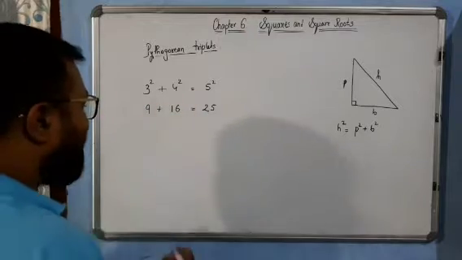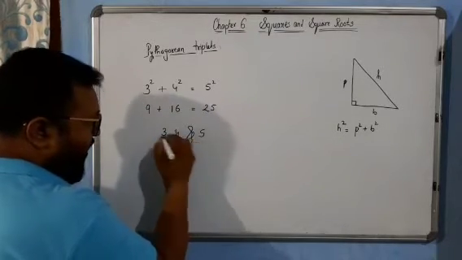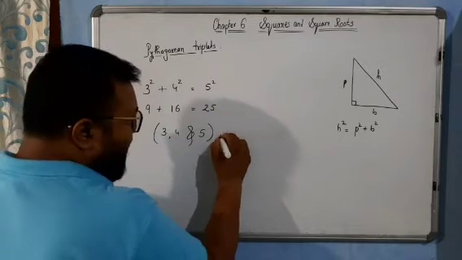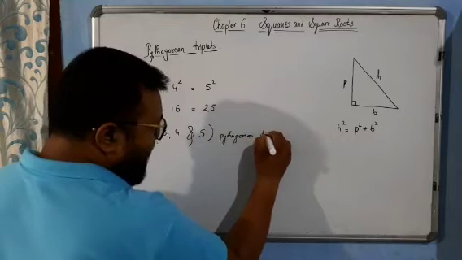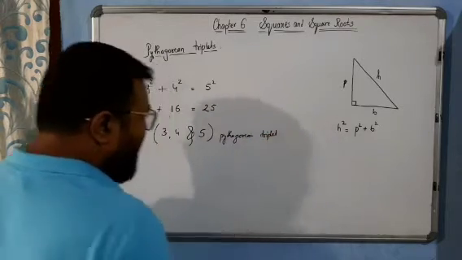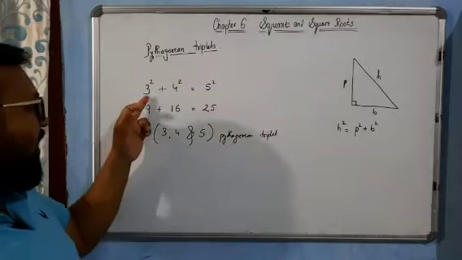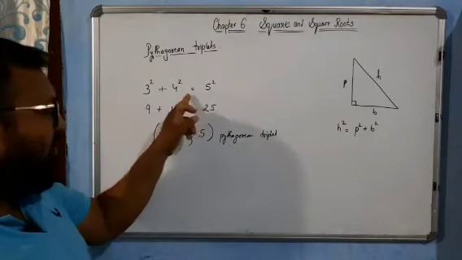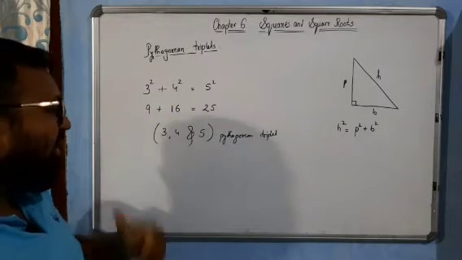So here we can say that 3, 4 and 5 is a Pythagorean triplet. Right now I have written 3 square plus 4 square equal to 5 square, because after squaring you will get the same result.